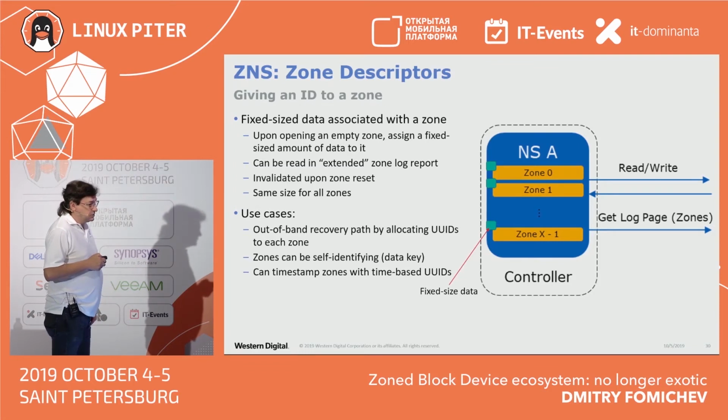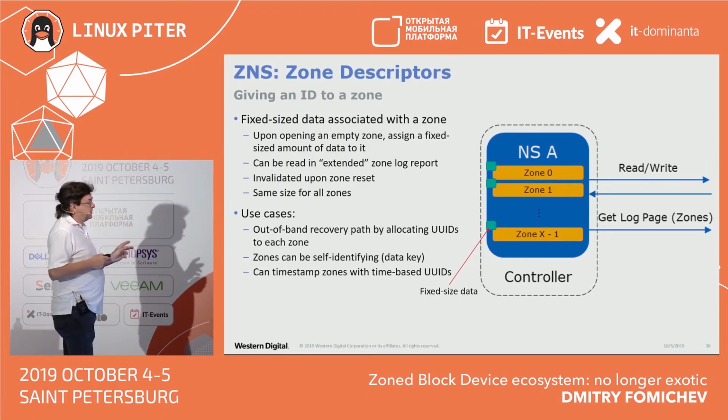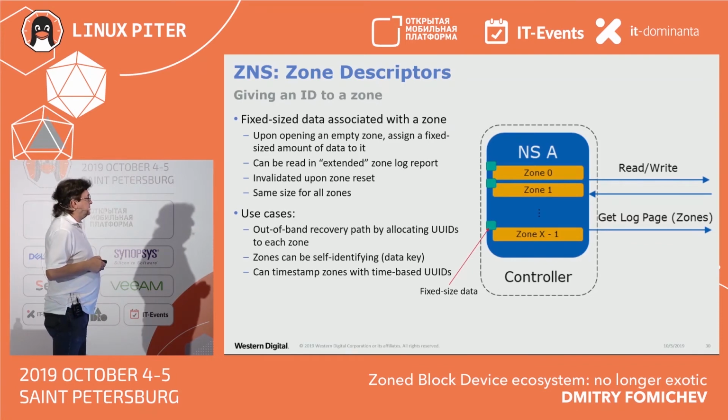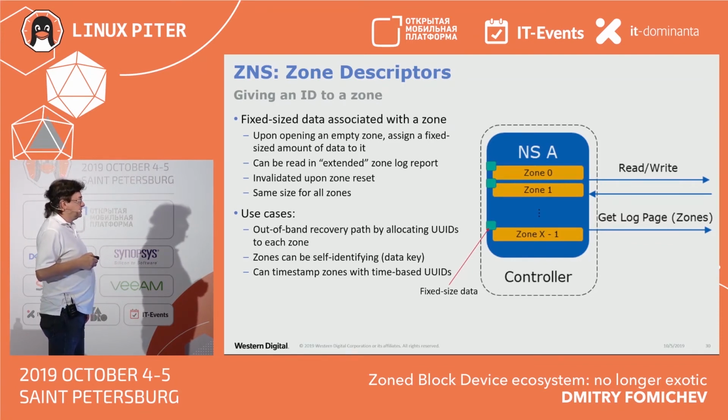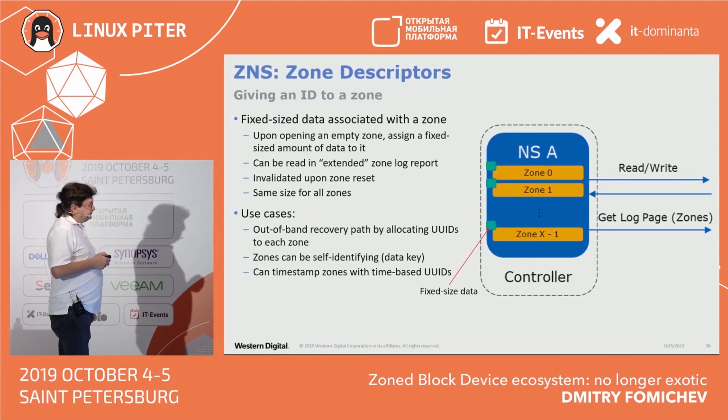Zone descriptors can be added and opened to every zone. This is basically just adding some UUID to a zone, and it has lots of use cases. You can just timestamp the zone, or maybe put the data keys there. And once the zone is reset, the descriptor is gone.